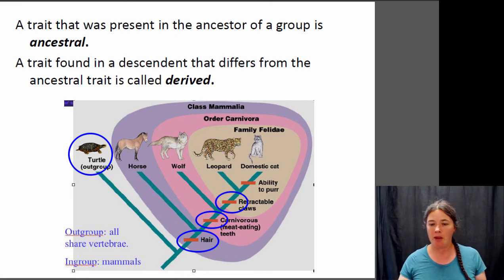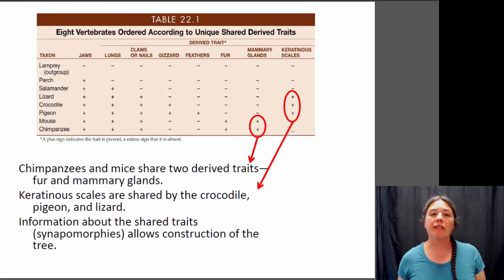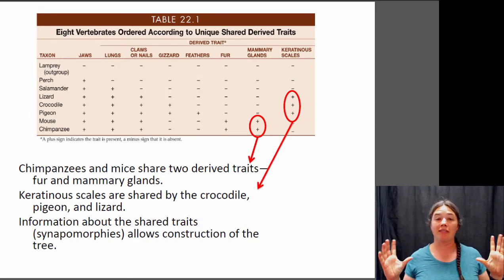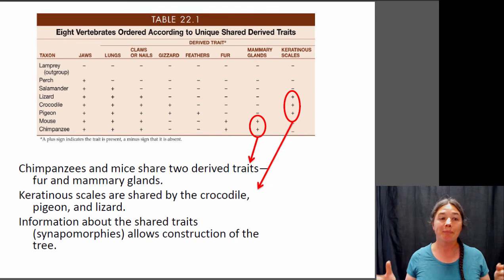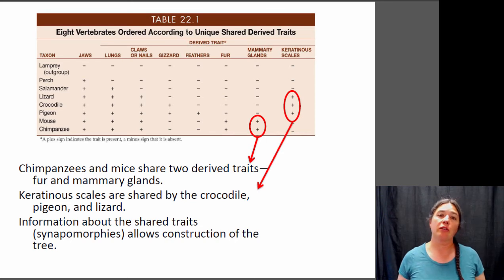Okay? All right. Okay, so let's take a look at one of these sets of traits that you might be interested in. So this is a table of traits from the vertebrates, okay? So these vertebrates have various different traits, and if you look at the outgroup here, the outgroup is the lamprey.